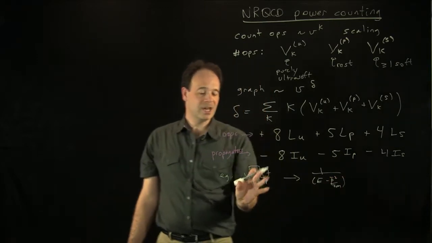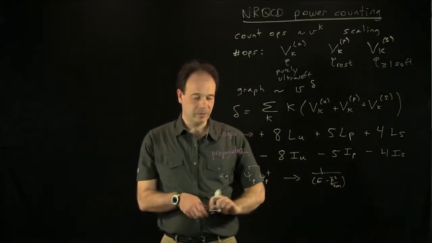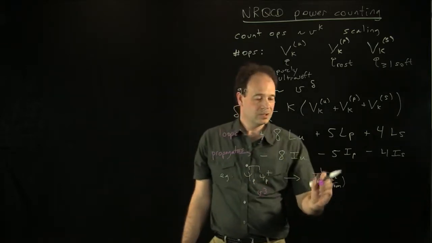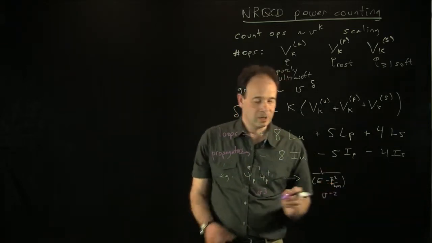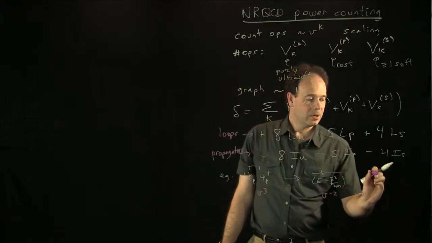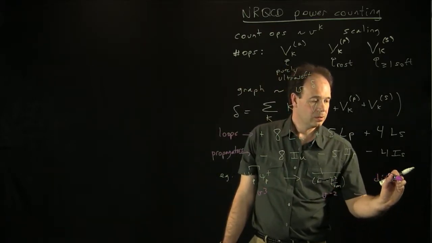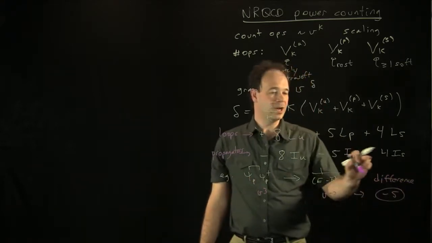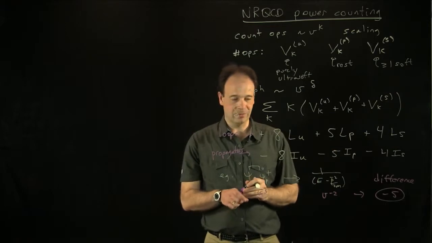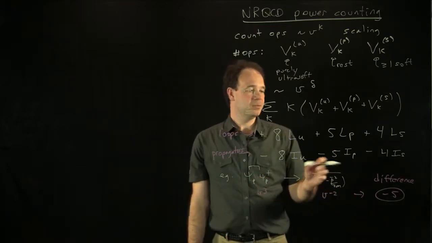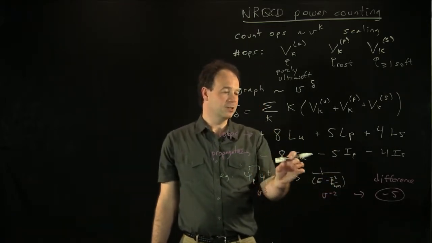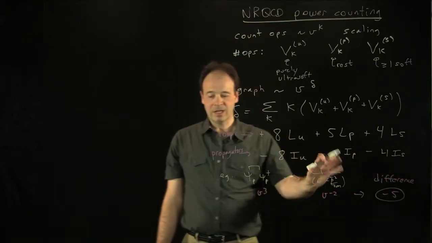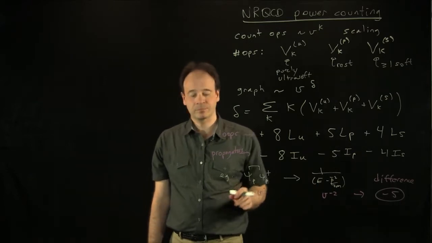And the difference between the psi p's here, the power counting that we would associate to these would be that this is v cubed, whereas over here, this is 1 over v squared, so v to the -2. And therefore, the difference is -5. And that's why we have -5 for each propagator of potential type like this. And similarly, if we went through the same logic for contracting ultrasoft fields or contracting soft fields, we'd get this -8 and this -4. So that's where those terms are coming from.